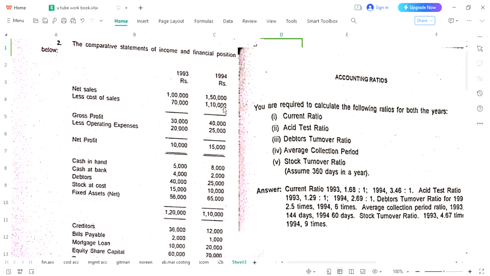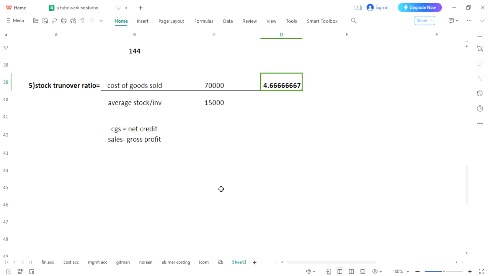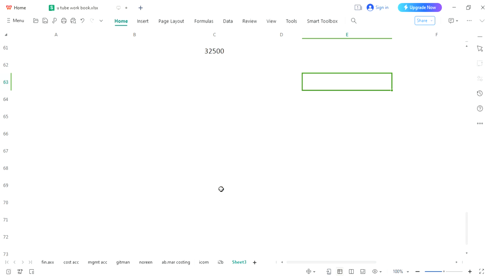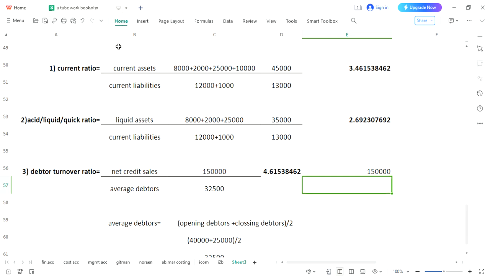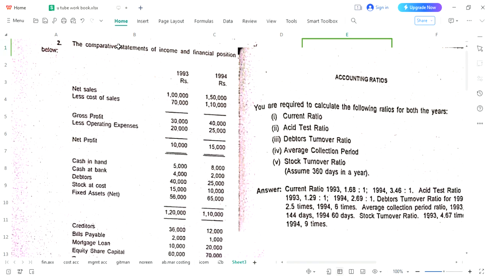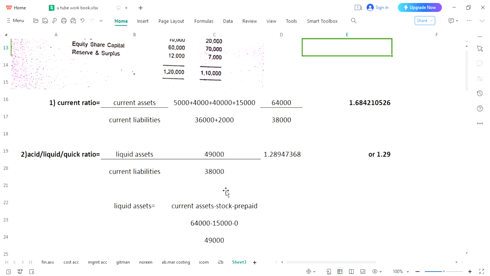Net credit sale 150,000 and debtors 25,000. Sales will remain the same 150,000, and it should be divided by average debtors, but in this case it has not been divided by average. Only second year debtors have been taken.